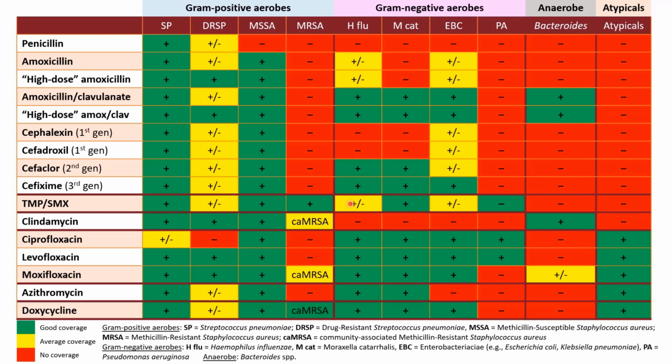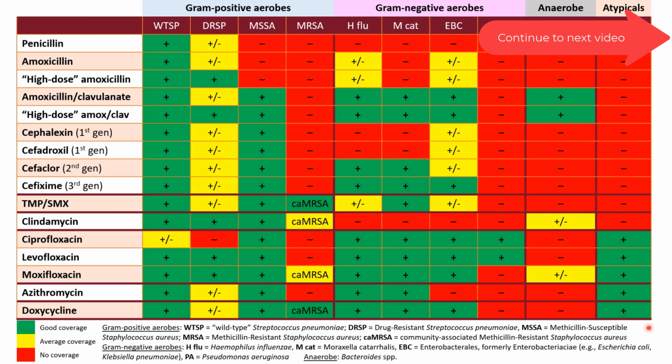Trimethoprim sulfamethoxazole does not have reliable activity against Haemophilus influenzae, so we should keep that in mind. Clindamycin doesn't have activity against any gram negatives, so we should keep that in mind. And when it comes to atypical coverage, you should note that only fluoroquinolones, macrolides, and tetracyclines have activity against atypicals. The rest of them do not.